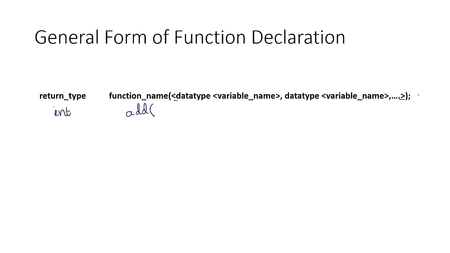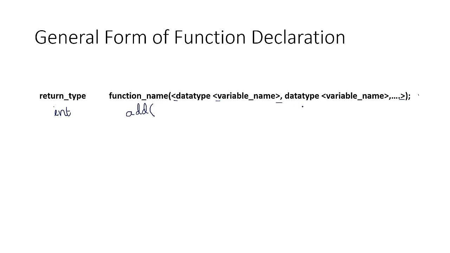When the function is not taking any input argument, then we are not going to specify any data type or variable name. Now, if the function is going to take any input argument, that time this part will be needed. Next, if the function is taking any input argument, then we must provide the data type of the input argument, and the name of that input variable is optional, so it is written in the triangular bracket.